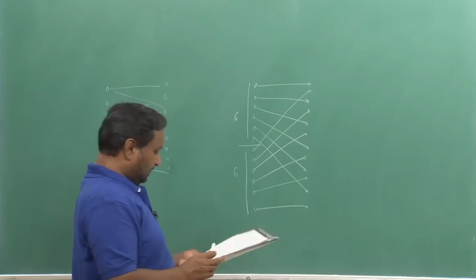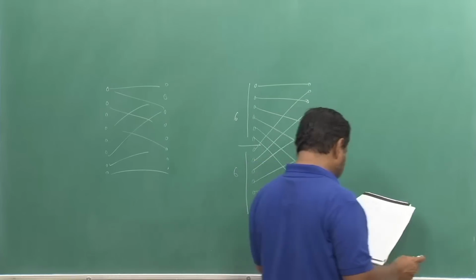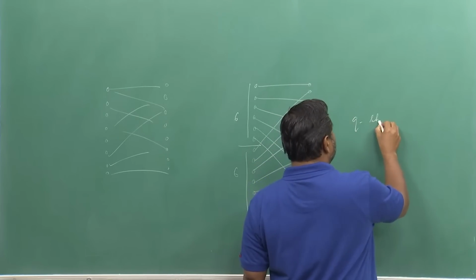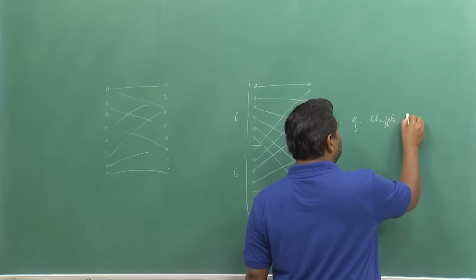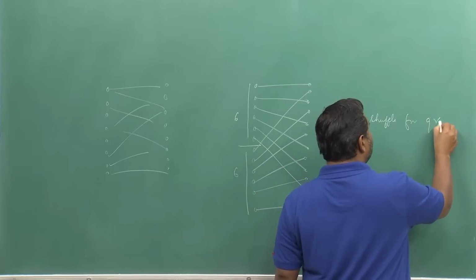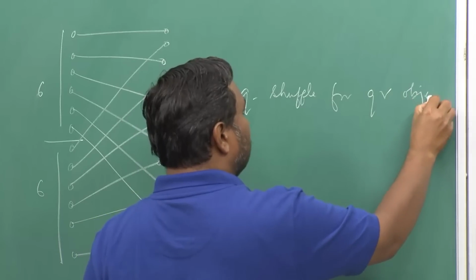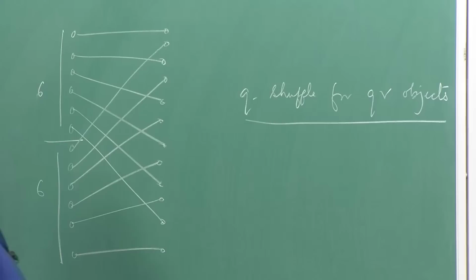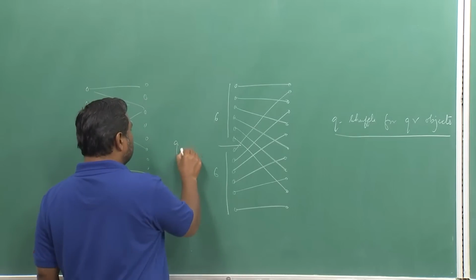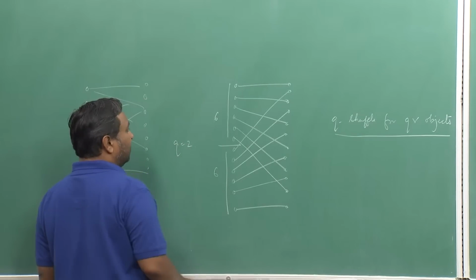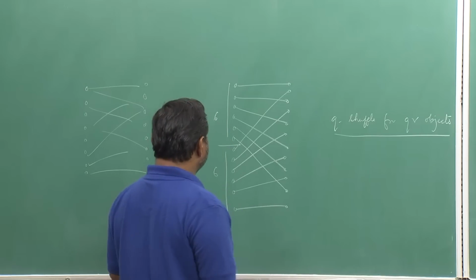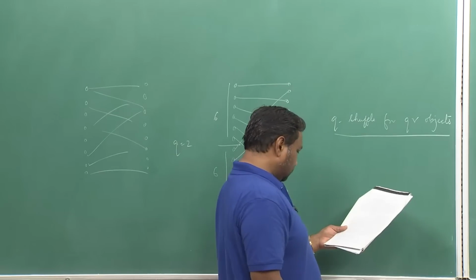In general, I can define a Q shuffle for Q into R objects. Here Q is equal to 2 and R is equal to 6, so Q into R is the total 12 objects.